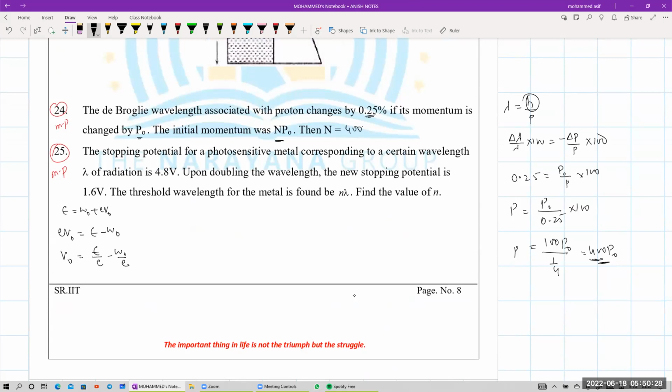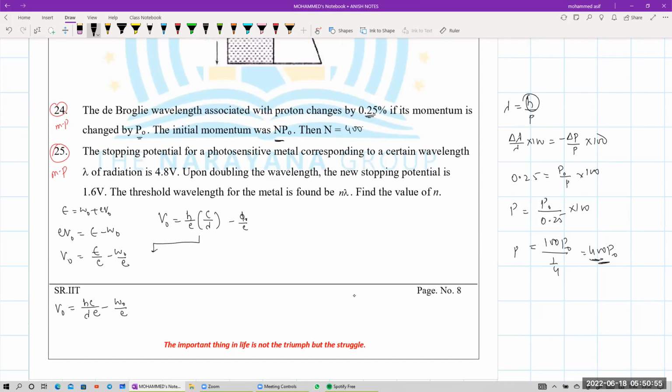Energy can be written as hc by lambda, so V naught is equal to hc by lambda into e minus work function divided by e. Now this is the formula. So I am ultimately getting the stopping potential formula: V naught is equal to h by e constant into c by lambda minus work function divided by e.